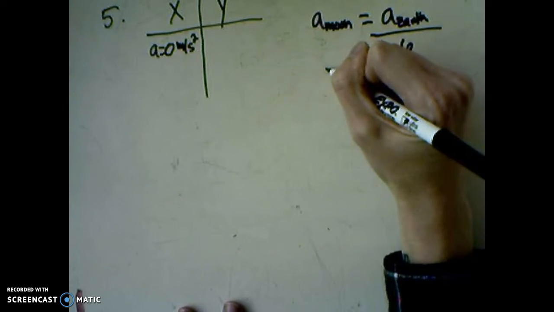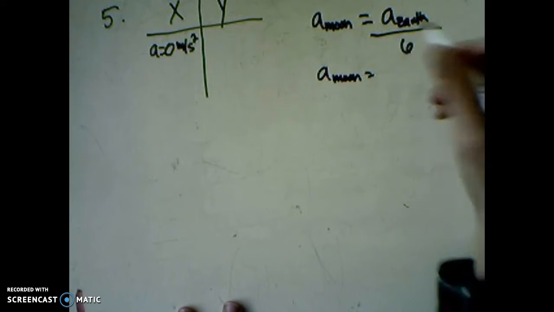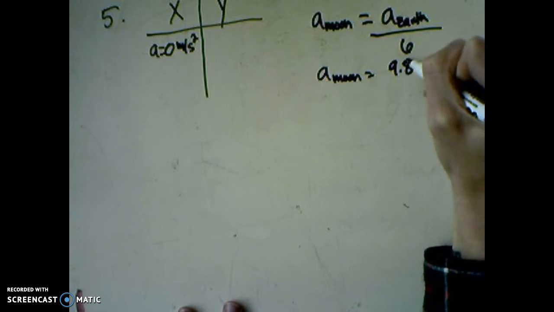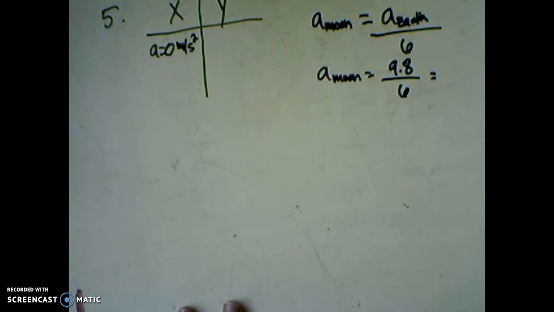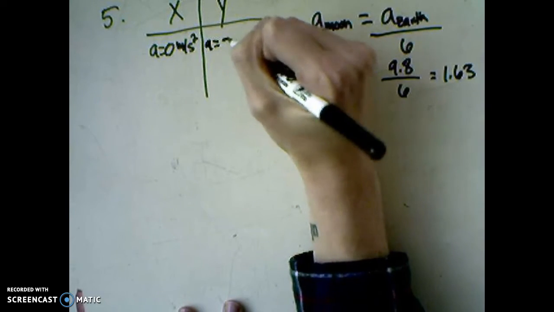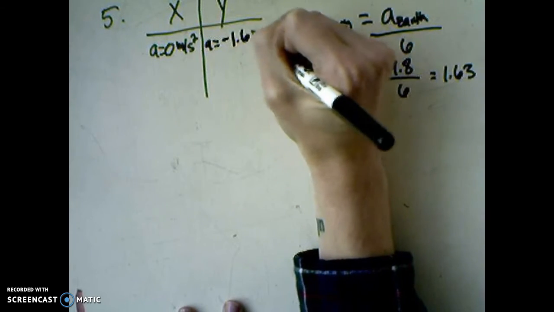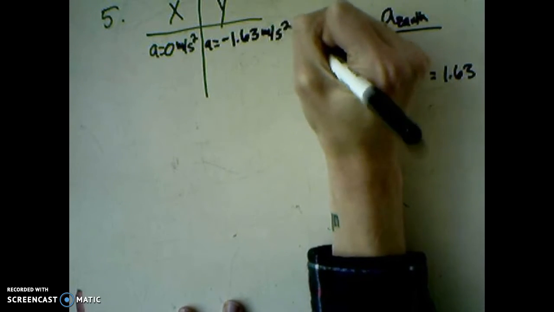So I'm going to get an acceleration value for the moon that is 9.8 divided by 6. Using my calculator for that, I get 1.63 repeating. So my value for a_y is going to be negative. I still need that negative because I'm saying that down is the negative direction, meters per second squared.